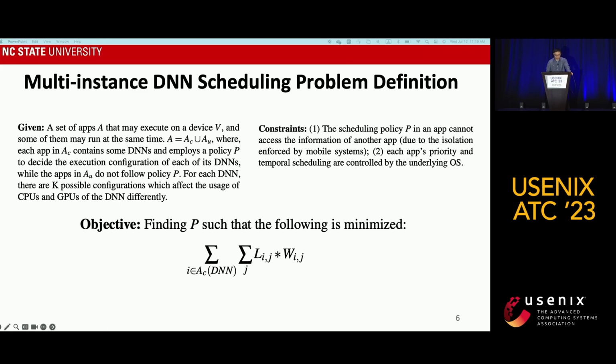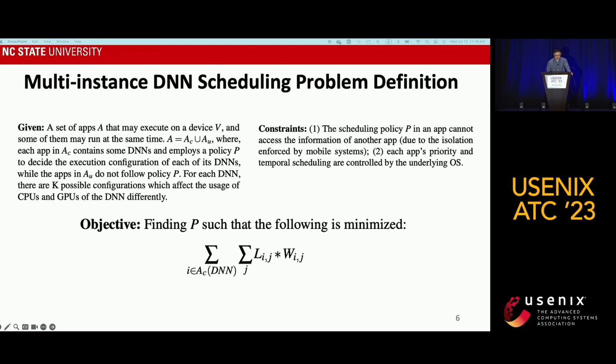Our objective is to find the policy that minimizes the energy consumption and the latency, with their product as small as possible. The constraint we set here is that the scheduling policy P in the apps cannot access information from the other apps, due to the isolation enforced by our setting.